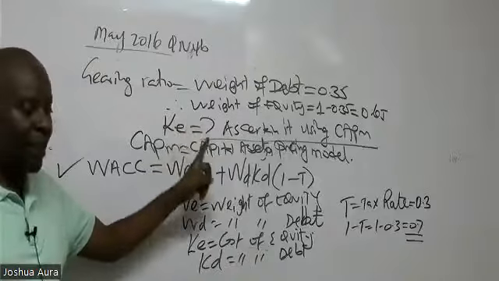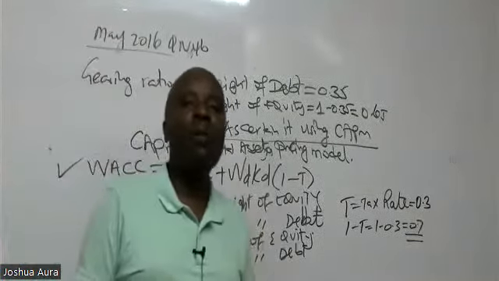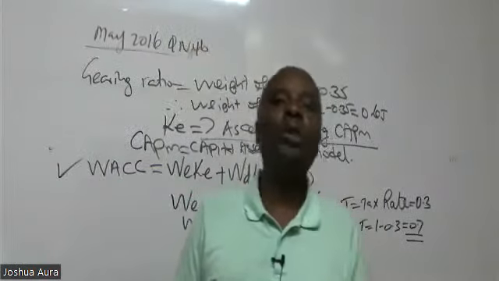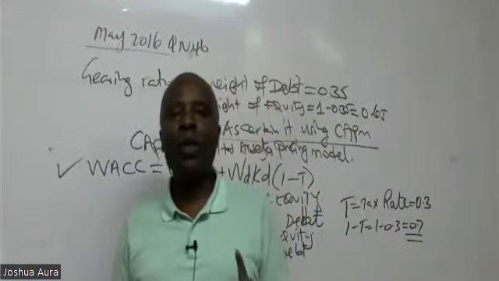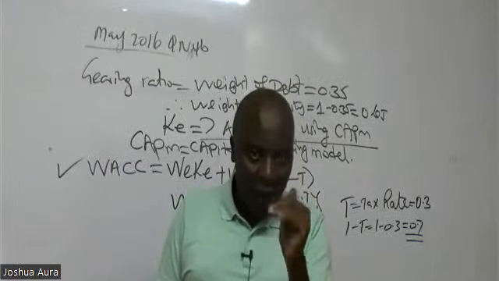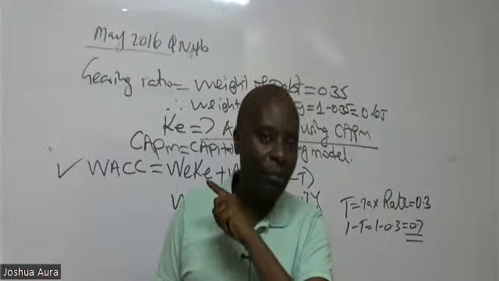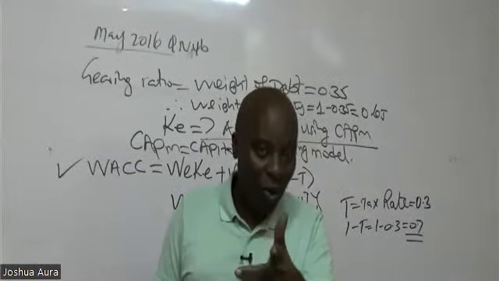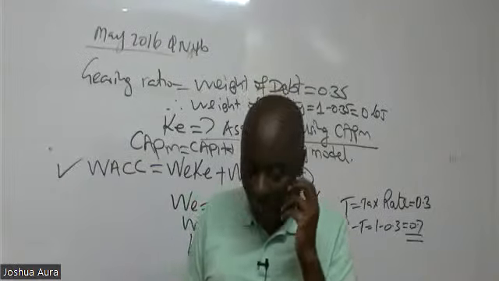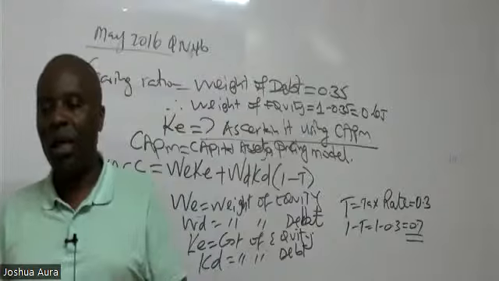Capital assets pricing model is one of the ways that we should be using here to get what we call cost of equity. Whenever you hear of cost of equity, the very first thing that I'll think about without even looking at other things will be this CAPM. CAPM is a great solver of cost of equity.